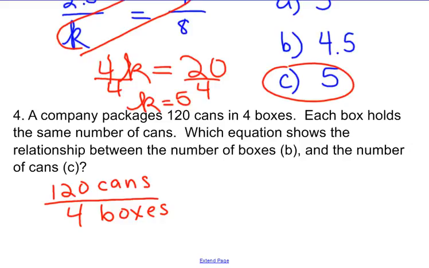Which equation shows the relationship between the number of boxes, B, and the number of cans, C? What we really need to do first is find out the unit rate. So let's find that out first. Let's find out how many cans in one box. So we wrote the proportion, 120 cans over 4 boxes equals how many cans, we don't know, we'll use C, in one box. So now let's cross multiply.